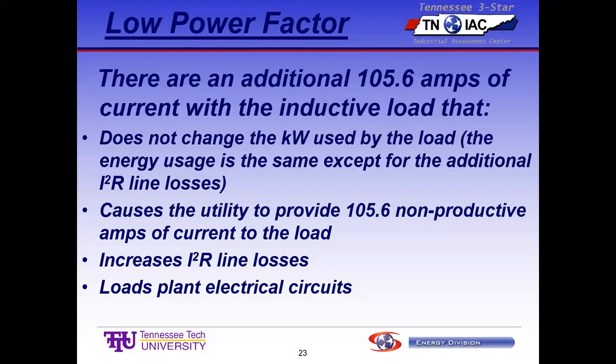But if you've got a number of loads coming out of that MCC that are serving devices that have low power factor, you can correct the power factor on each one of those loads, and then the current falls.